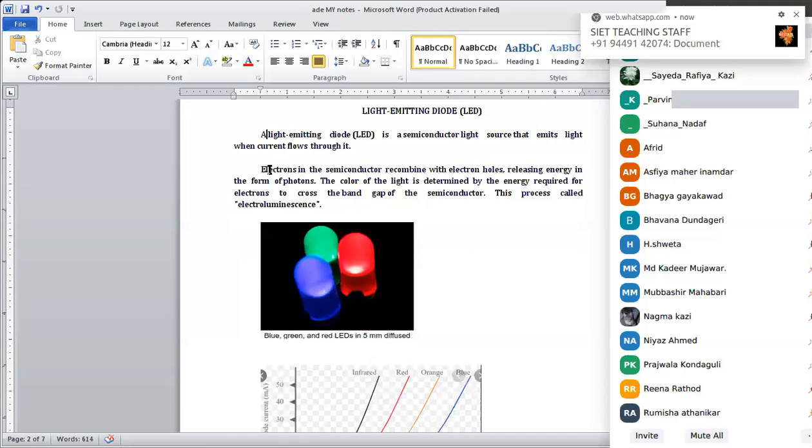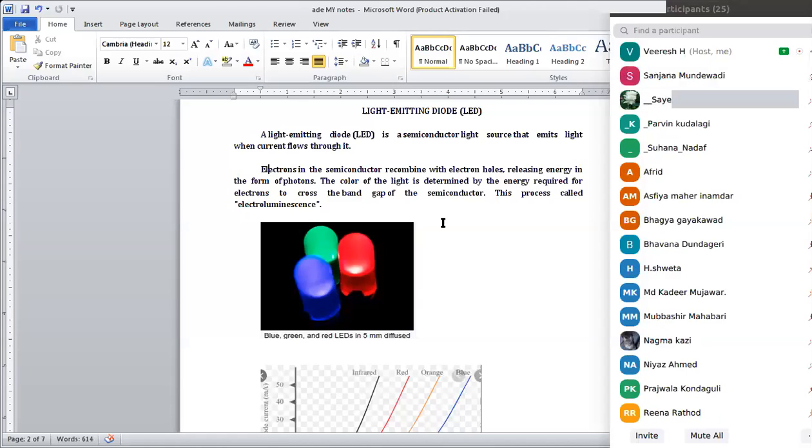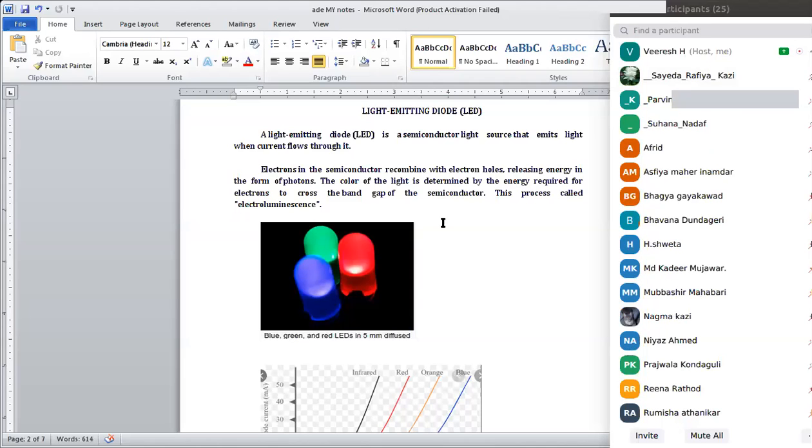The electrons in the semiconductor are recombined with the electron hole pairs. Whenever we start applying a voltage across this LED, say, many of you know it works on 5 volts, 3 volts, 3.5 volts. Many options are there. Based upon the voltage level, it emits a different intensity of light.